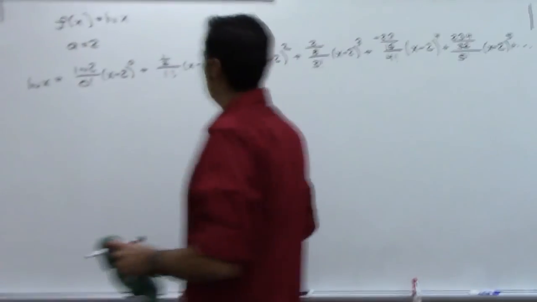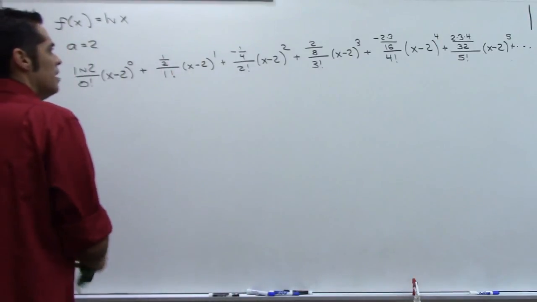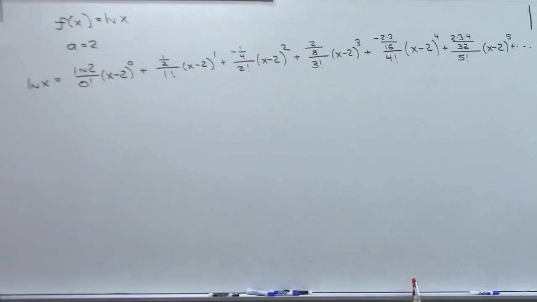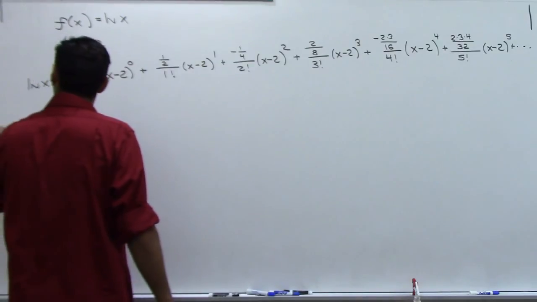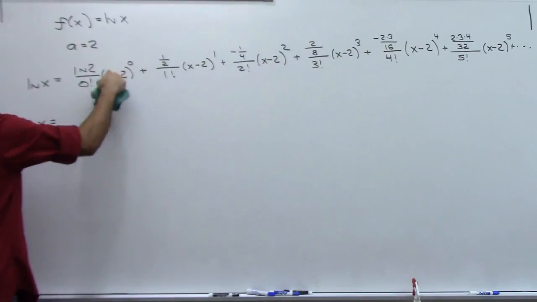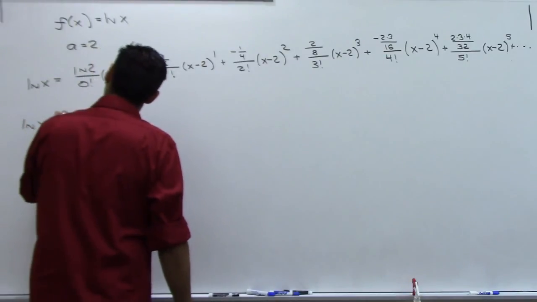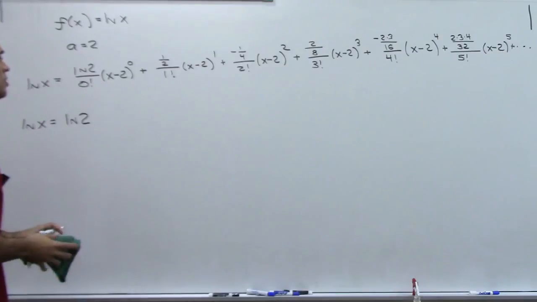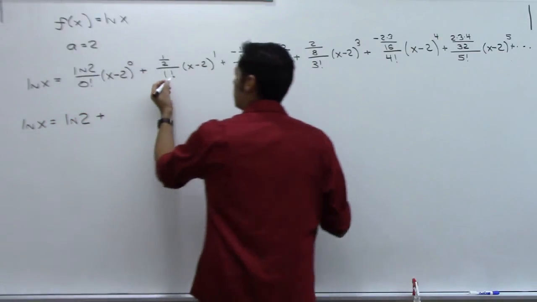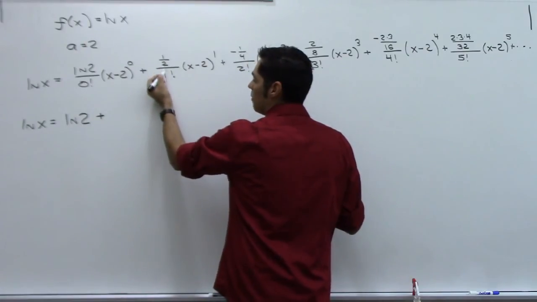And now I'm going to try and maybe clean this up and get a formula for this. So the first one here, this is 1, that's 1, so this is just natural log 2. We said that one didn't follow into the formula too much. And then what I'm going to do here is I'm going to clean up this fraction.